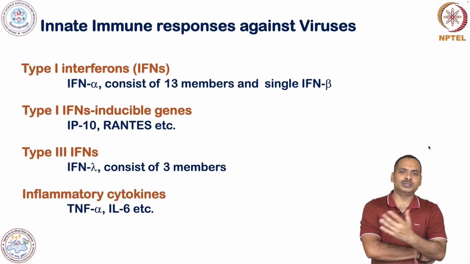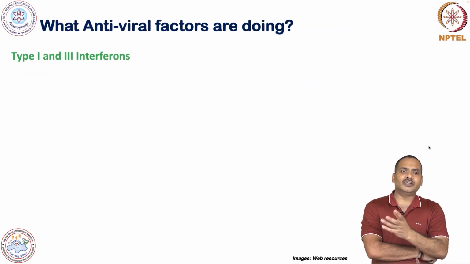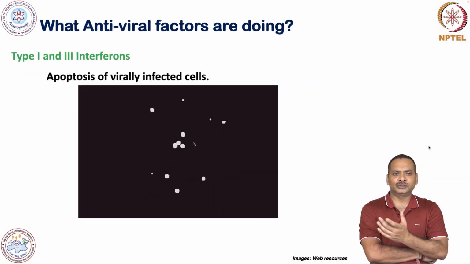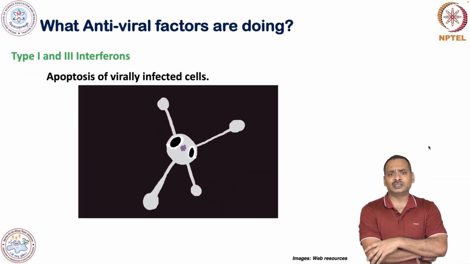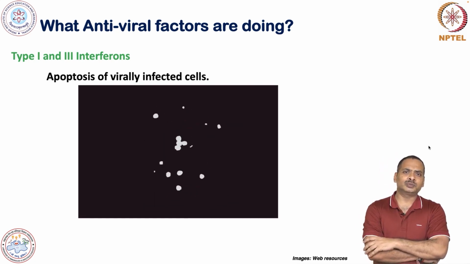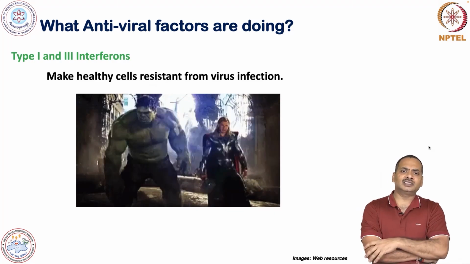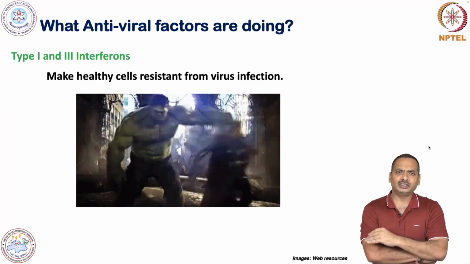I will quickly show, which is very easy to understand. Basically, type 1 and type 3 interferons induce apoptosis of virally infected cells. That is one of the key innate immune responses against viruses, making healthy cells resistant to virus infection.